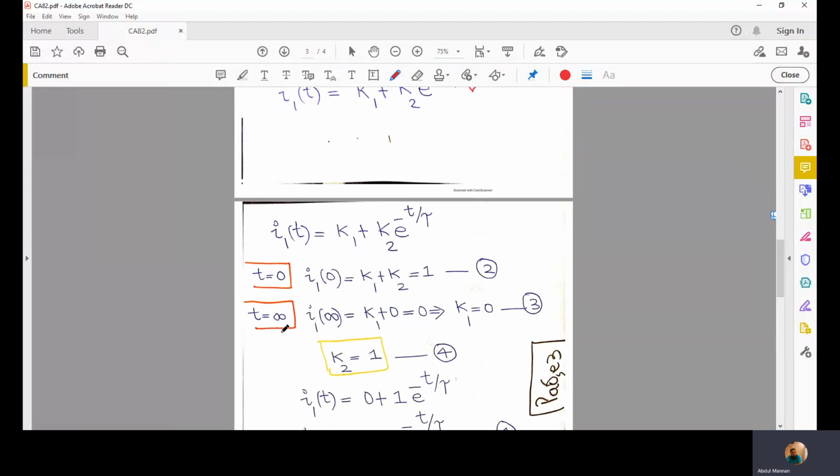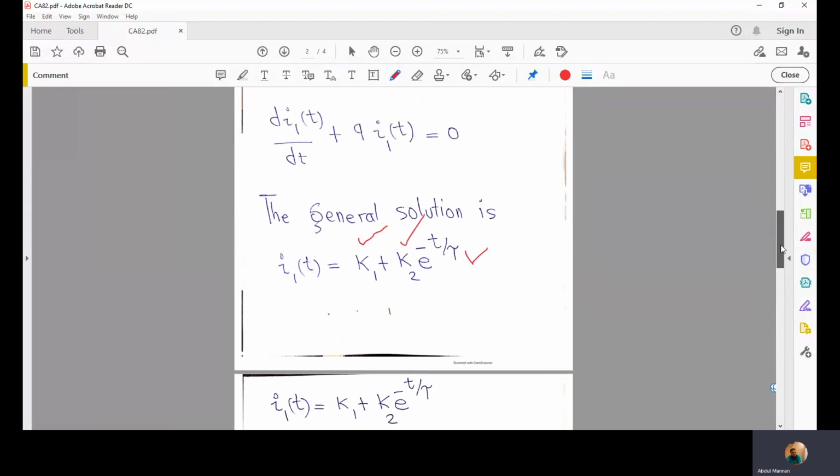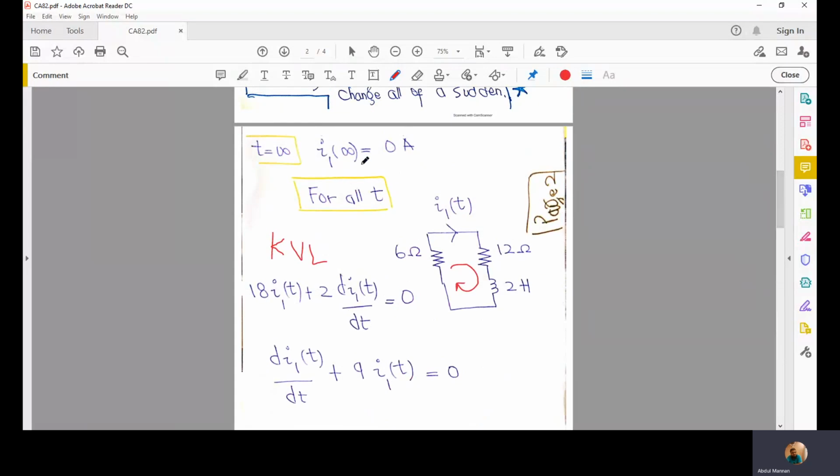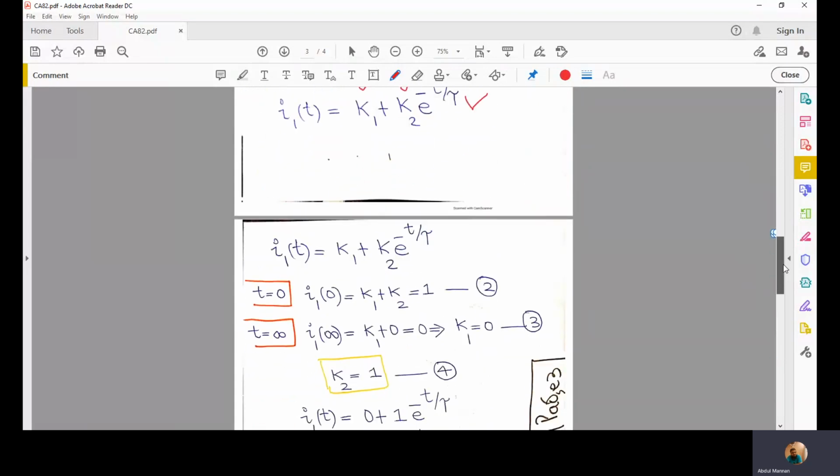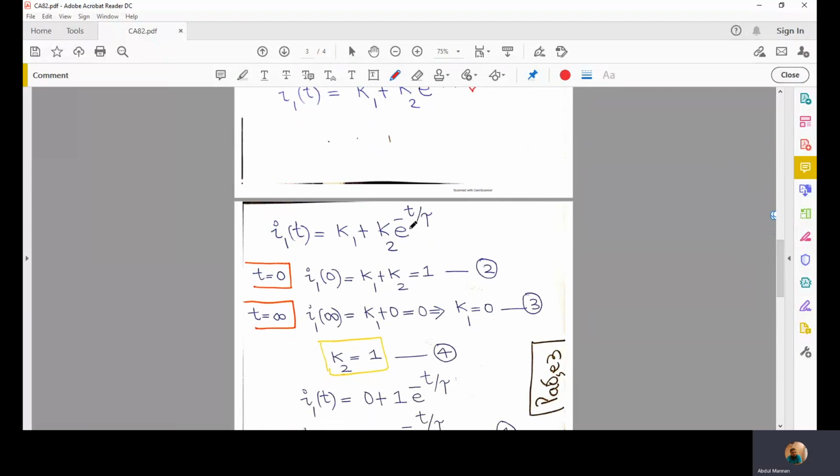And then we'll put t equals infinity, and we have studied in the initial conditions that I1 at infinity is 0. So we'll put a 0 here, and in k2 e to the minus t, when we put t equals infinity, this term becomes 0. So k1 is 0. Putting k1 equals 0 here gives us k2 equals 1.